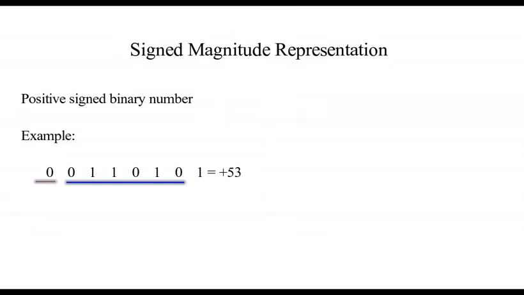And this example here is an 8-bit word. We can also write 16, 32, and 64, so on and so forth. Okay? So this example here is equal to positive 53.